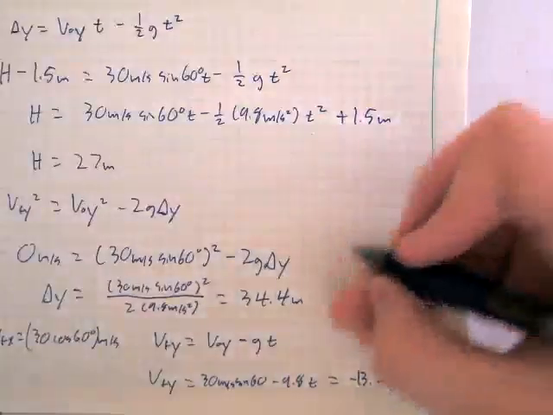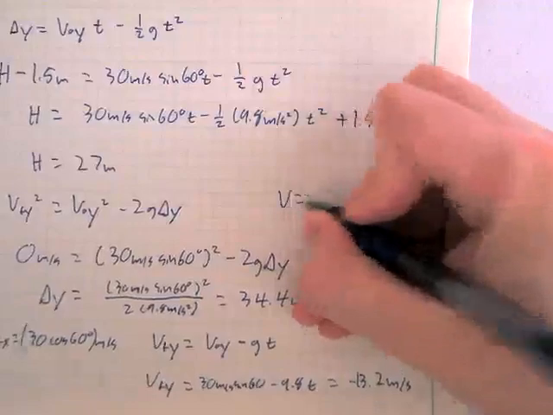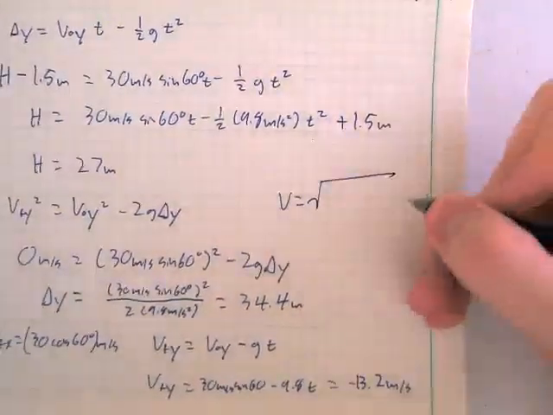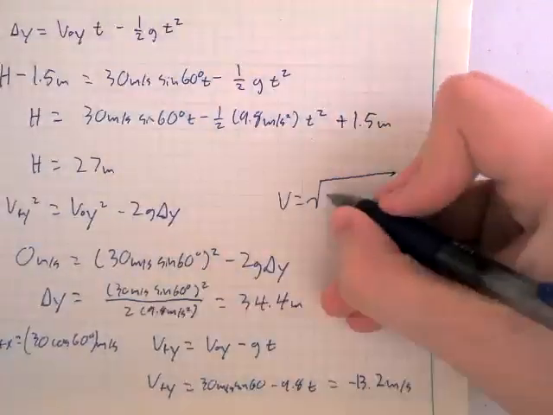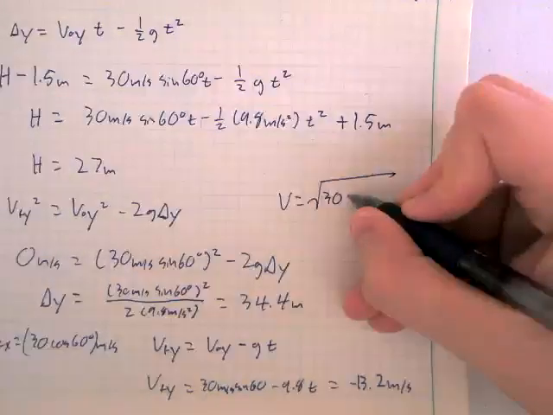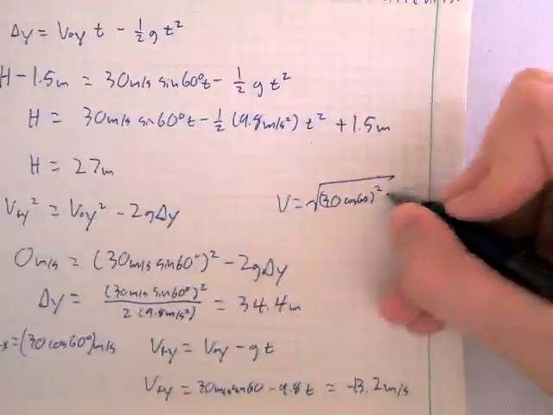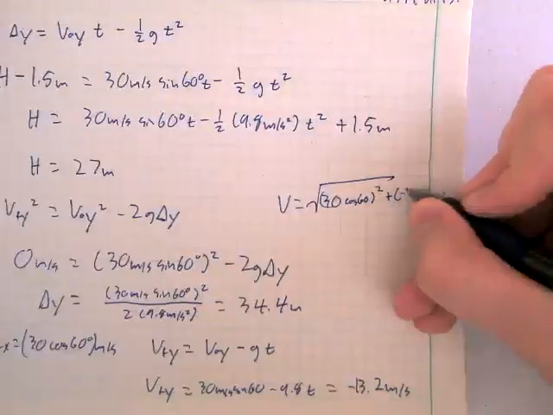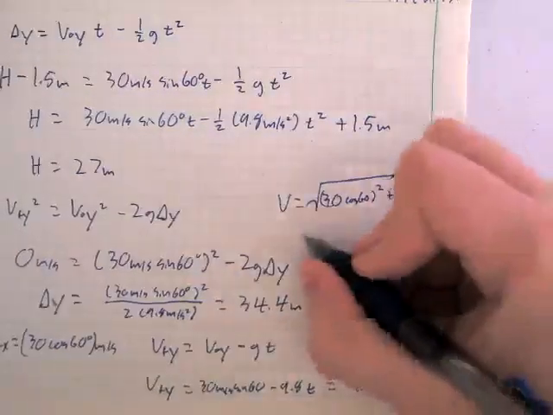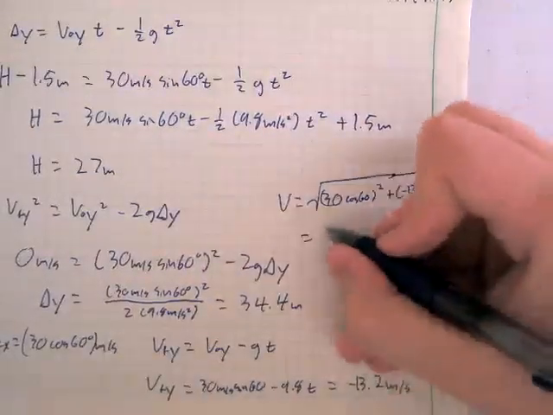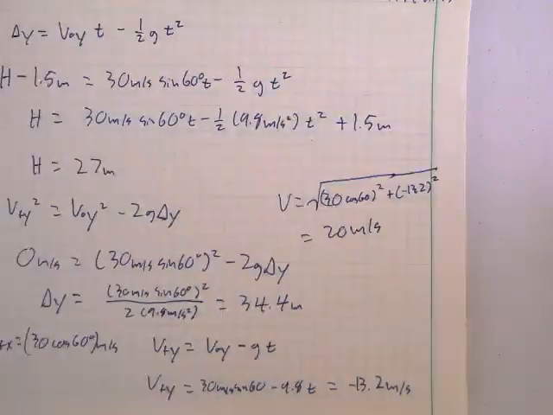So we have our overall final speed will look like this. Square root of our x squared plus our y squared. So 30 times cosine of 60 squared plus negative 13.2 squared, and what you should get is a final speed of about 20 meters per second, right?